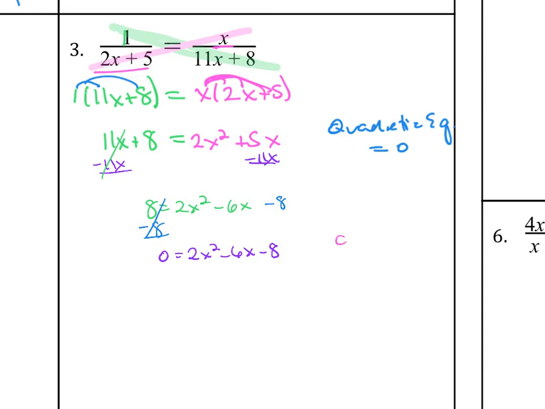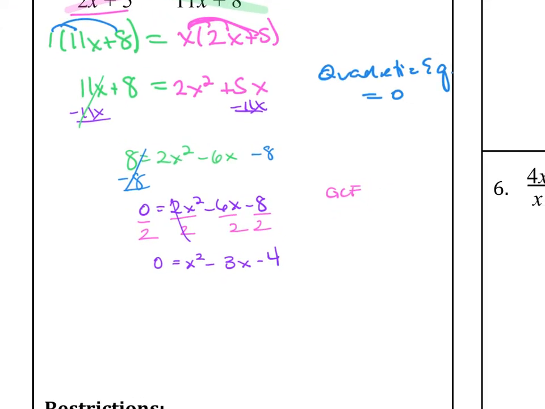Now we always take a look at a GCF. Can we divide something out to make this a little nicer? In this case, we can divide out a 2. So now we have 0 equals x squared minus 3x minus 4. Then we use the methods that we know in order to solve. This is factorable, so to solve, we are factoring.